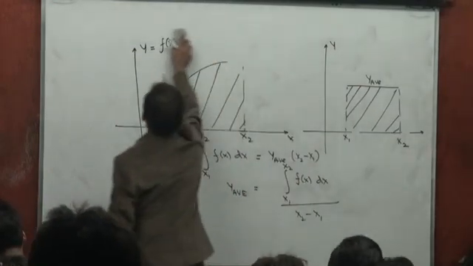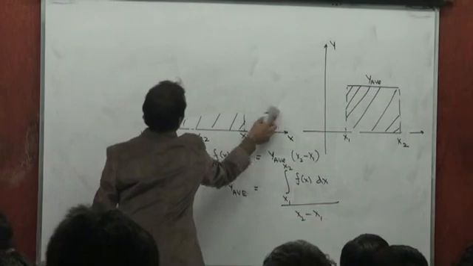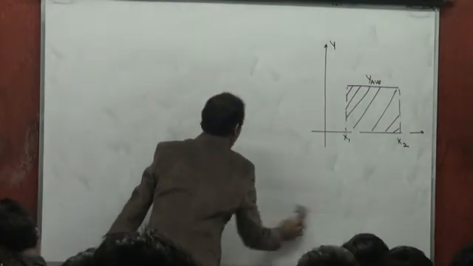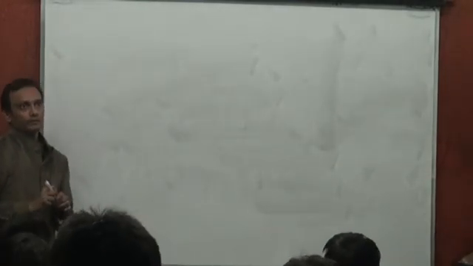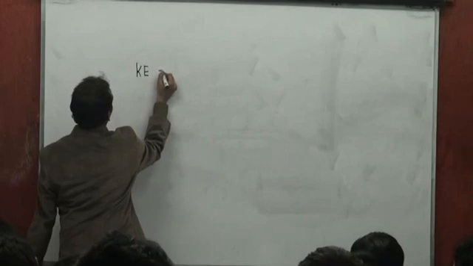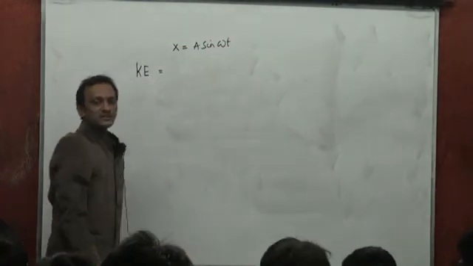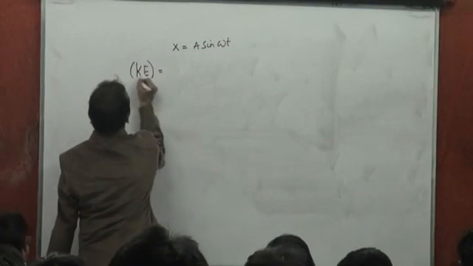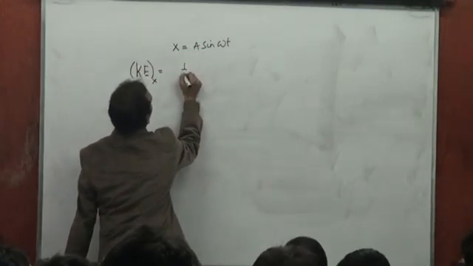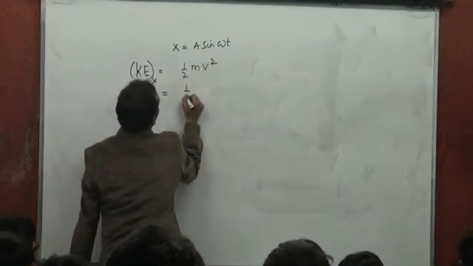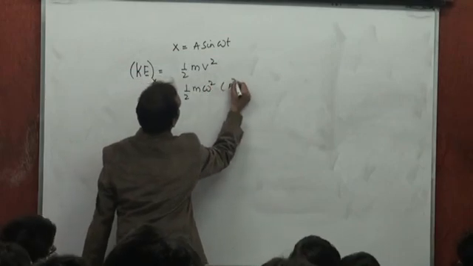Now, when they say kinetic energy in an oscillator, let's say, going as x equal to a sin omega t, kinetic energy at any given x is given by half m v squared, where v squared is omega squared into (a squared minus x squared).